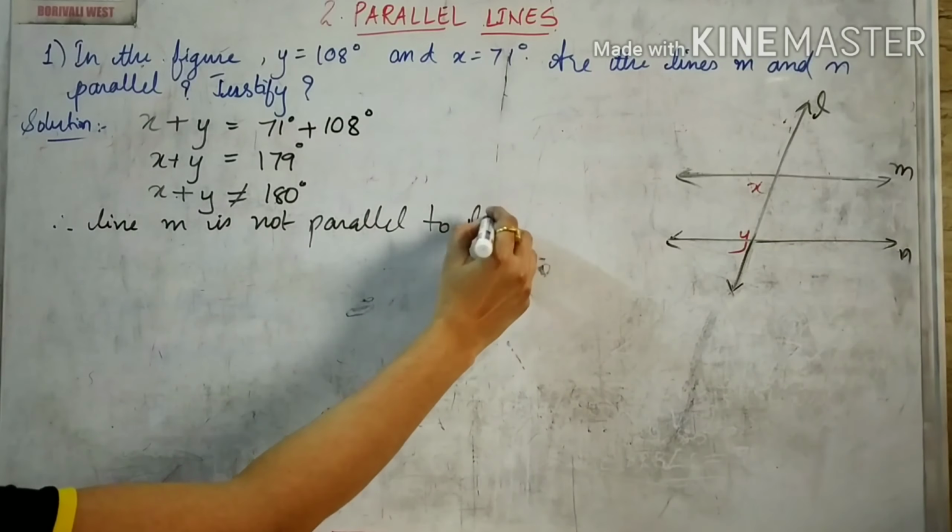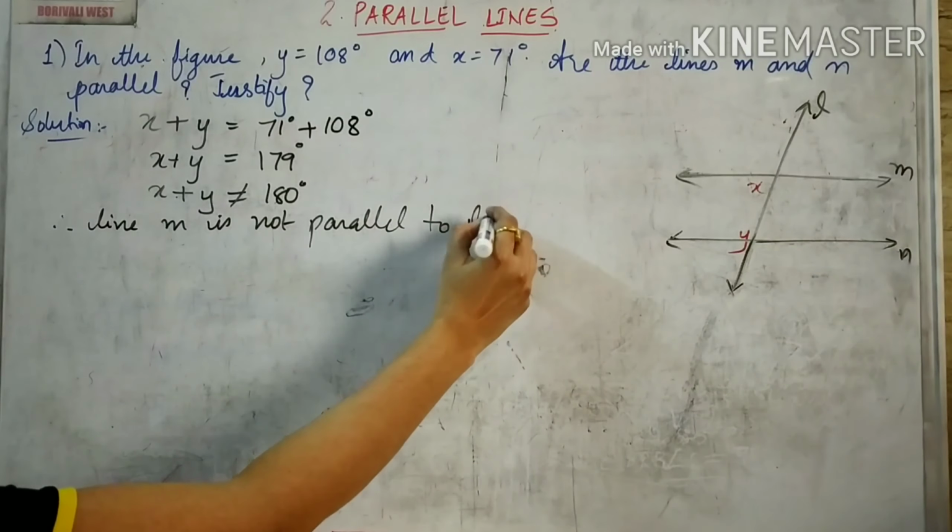Whenever we add anything to a figure, children, we are supposed to write down about it. That C was not there in the original figure. We have made it, so we have to write down the information regarding it. Then after that, we'll write down whatever is given to us. So we'll write down angle A is congruent to angle B because that is given, and we'll number it as 1.